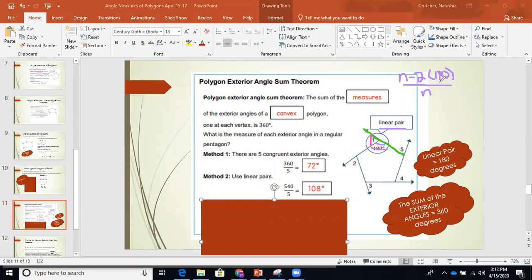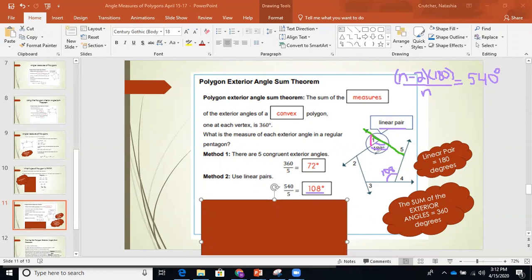That tells us the interior angles, and since this is a pentagon, if we put a 5 in there, that's going to give us 540 degrees. So that's where that 540 came from. That's the interior angle. So each of these is going to be 108, because we would take that 540 and divide by 5. So that's where we're getting our 108 from. That's each of the interior angles.